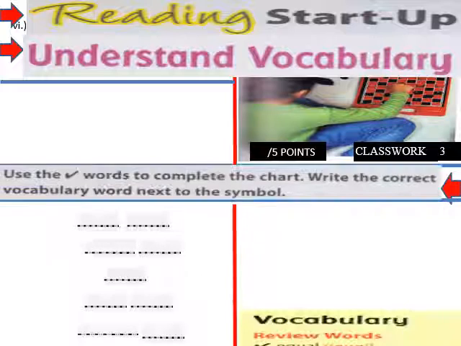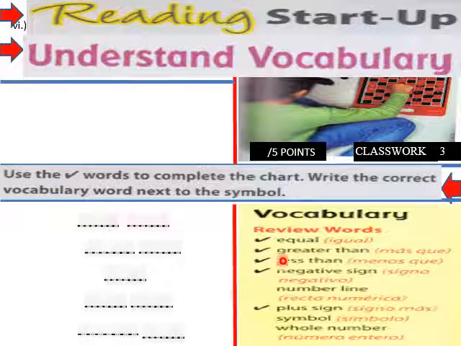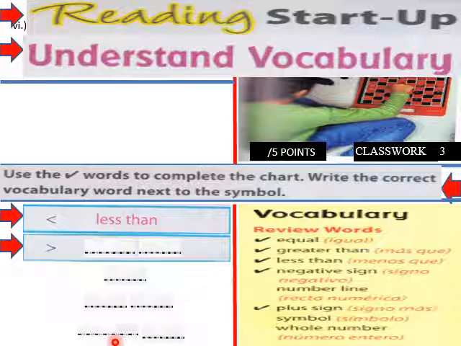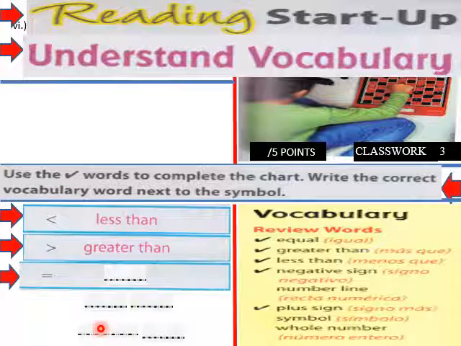Reading startup, understanding vocabulary again, using the check words here. So this symbol here is what? Less than. That symbol there is greater than. This symbol here is the equal sign. Whole number, plus sign, number line, negative, less than, greater, equal, right here, the equal sign.